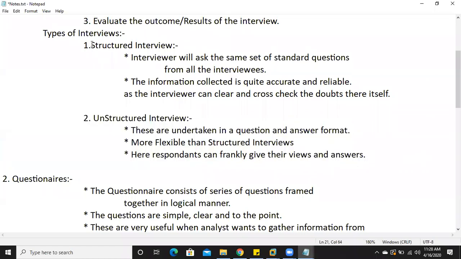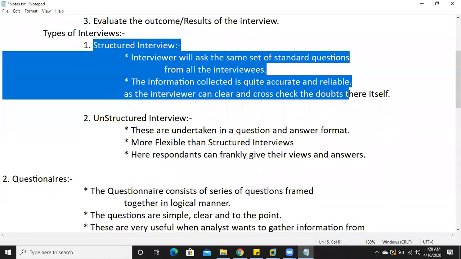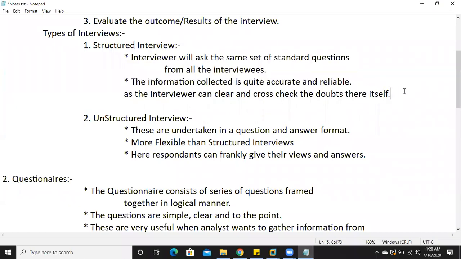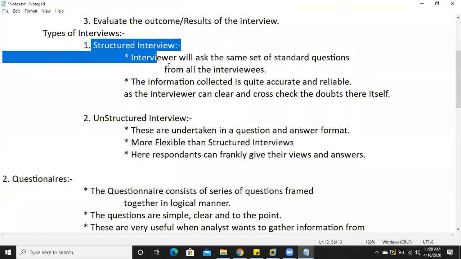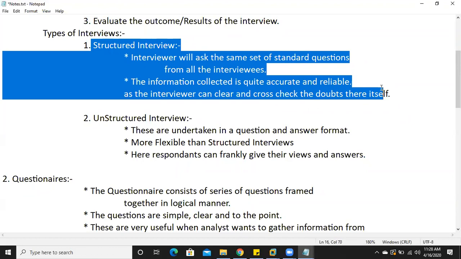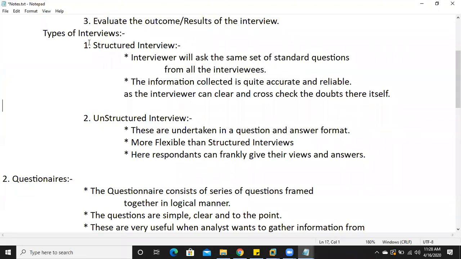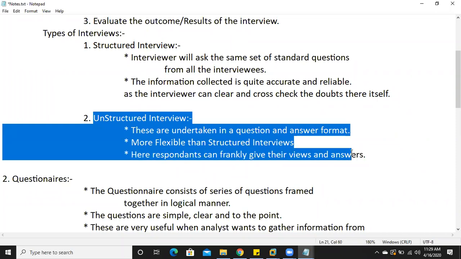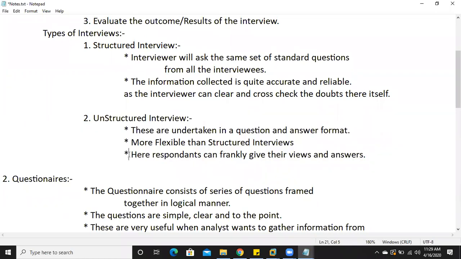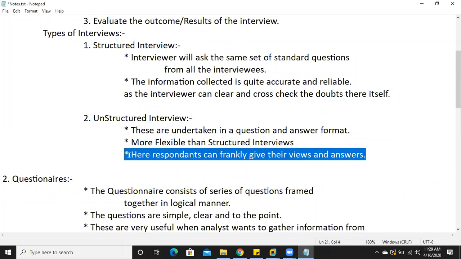Sometimes in a structured interview, most of the interviewees provide the wrong information out of hesitation or ego. So in the structured interview we sometimes get wrong answers, but in an unstructured interview there are more chances that we can get correct answers, because here the interviewee is more frank with the system analyst. So the system analyst can get the actual views or answers from the interviewees.